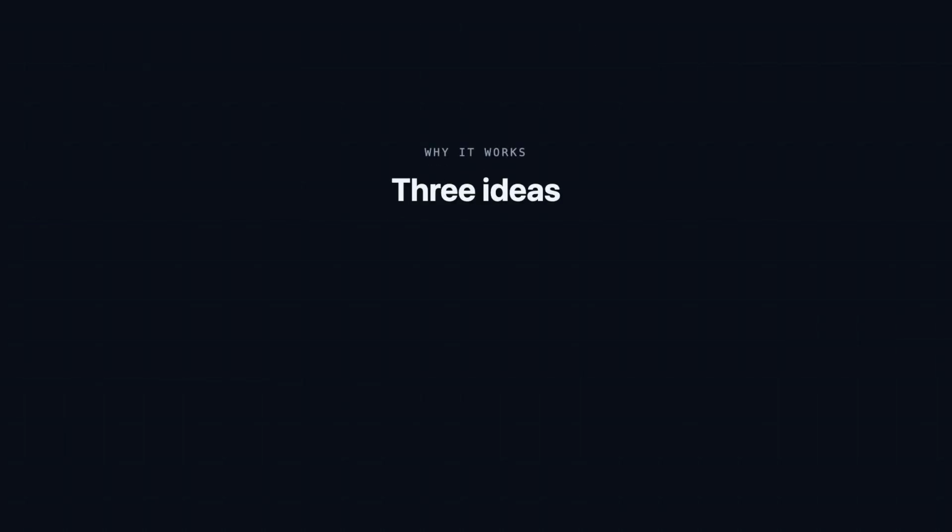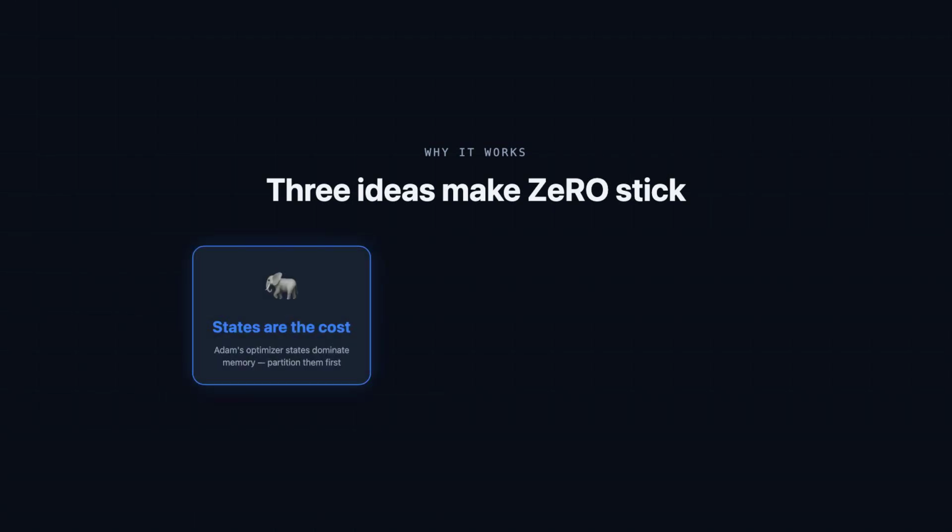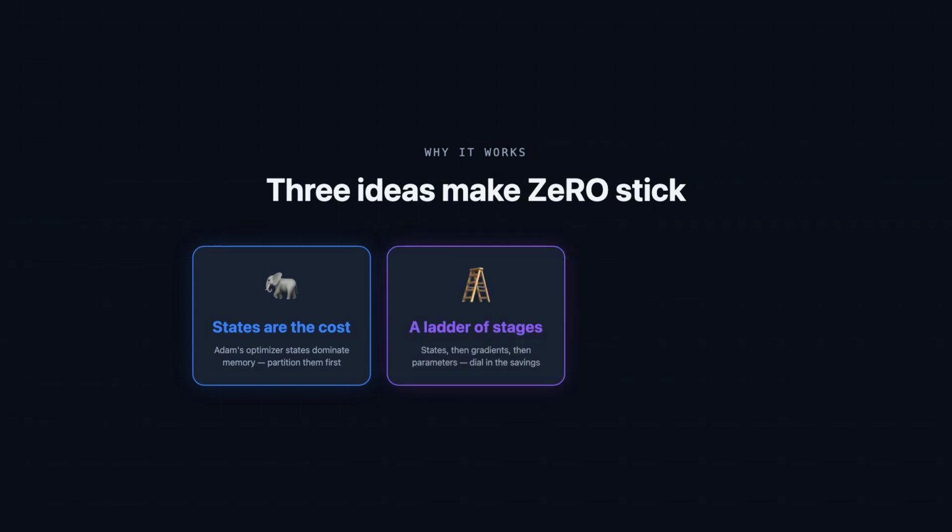So let's boil the whole idea down to 3 points that make Zero stick. First, the culprit. Optimizer states are usually the biggest memory cost in training, especially with Adam, which is why partitioning them first buys the largest immediate win. Second, the ladder. 3 stages partition progressively more states, then gradients, then parameters, letting you dial in exactly how much memory you need to reclaim.